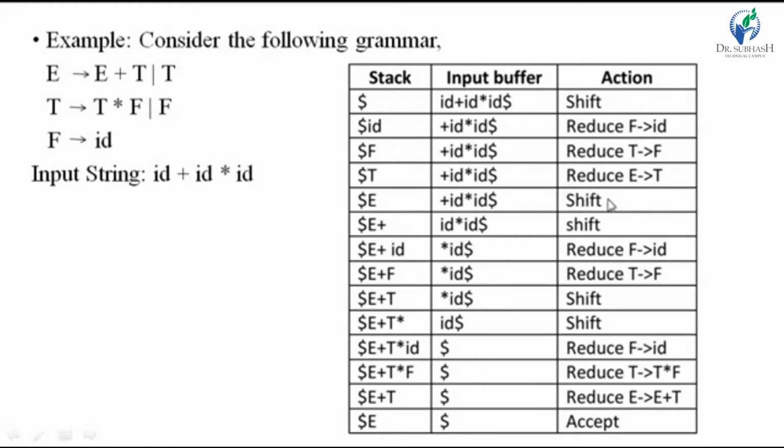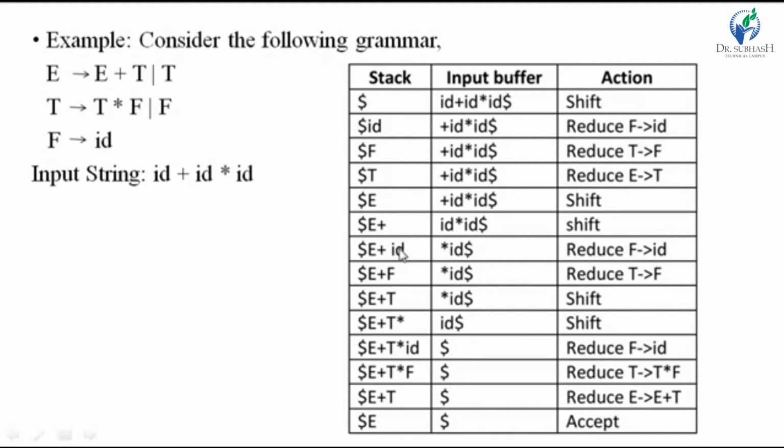So the operation is shift. So plus is shifted onto the stack. Next again ID is shifted onto the stack. So here E plus ID, and in the input buffer it will be star ID and dollar.